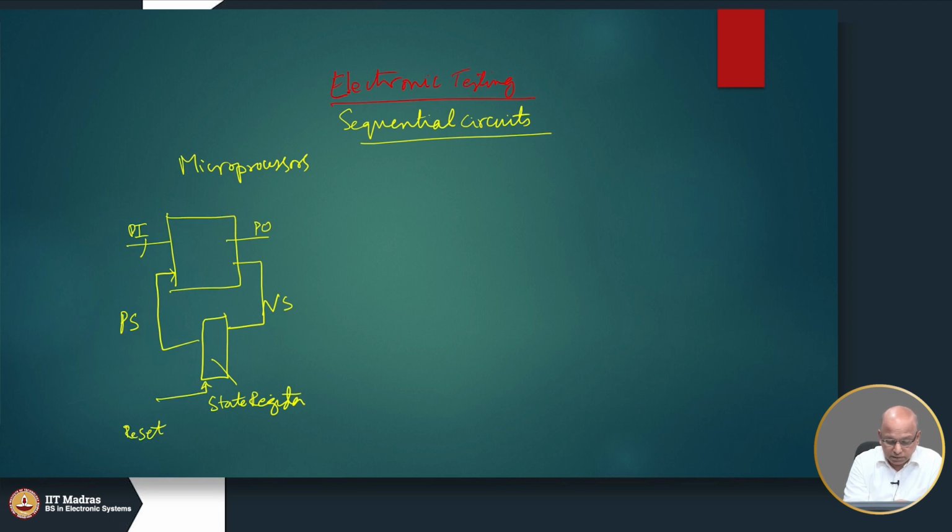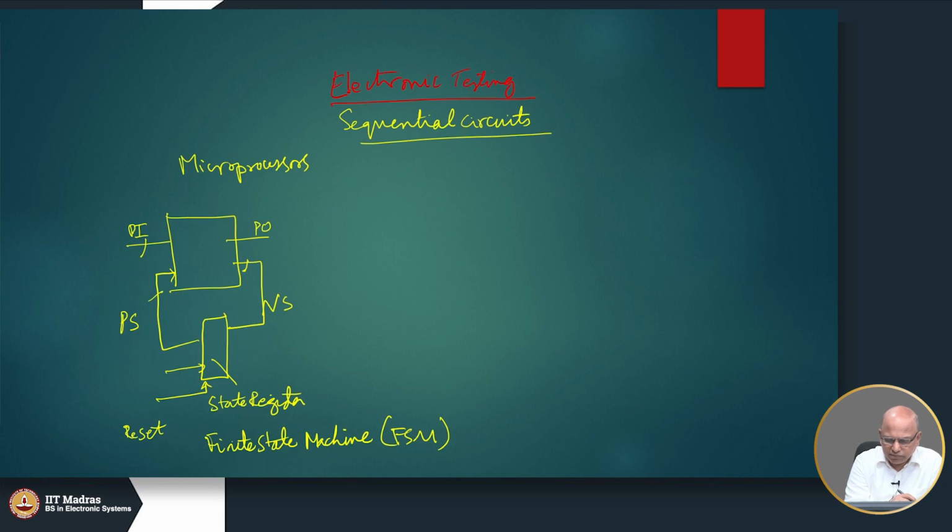So, we can start by resetting the machine, this finite state machine, or FSM, and then there is a clock which is provided to synchronize the changing of state. If you remember, there may be a number of flip flops.